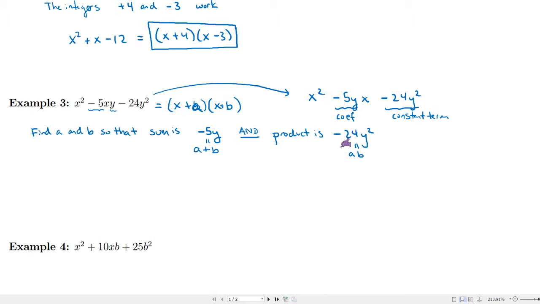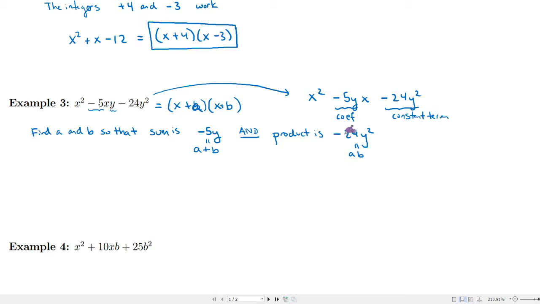So we have 1, 2, 3, 4, 6, 8, 12, and 24. You have to think about those factors that I've listed, and they essentially have to be a distance of 5 apart, right? So which ones are those? It looks like it would be 8 and 3, right? So 8 and 3 are a distance of 5 apart.